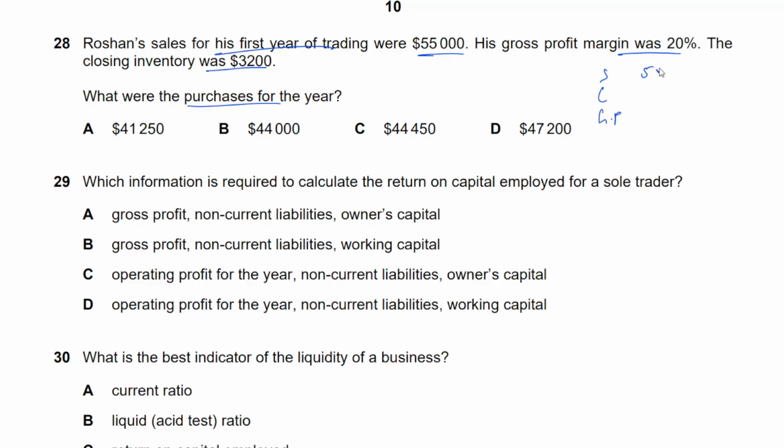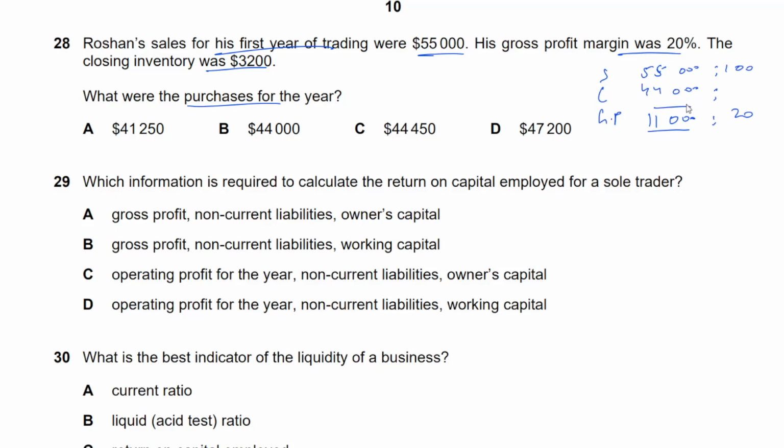Sales are 55,000. Cost of sales unknown. Gross profit unknown. But we know gross profit is 20% of the sales. So take 55,000, divide by 100, multiply that with 20, you get 11,000 here. So 55 minus 11,000 is 44,000.